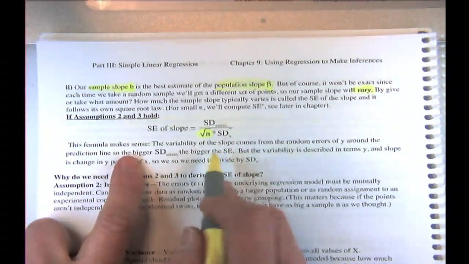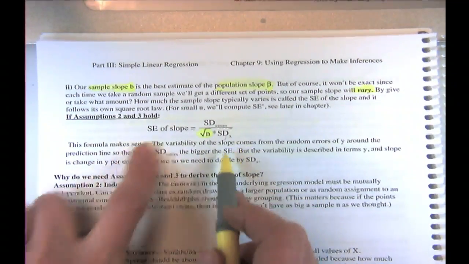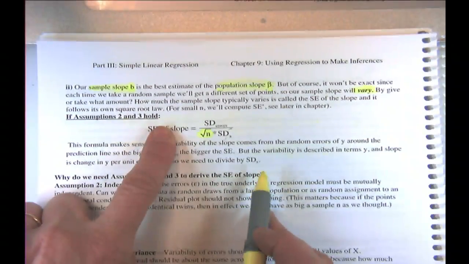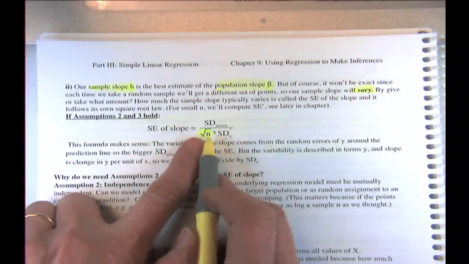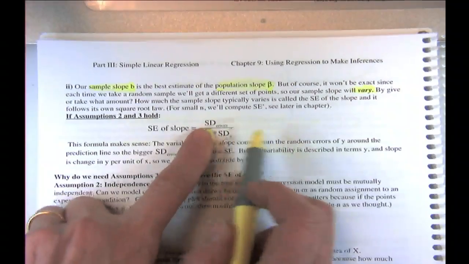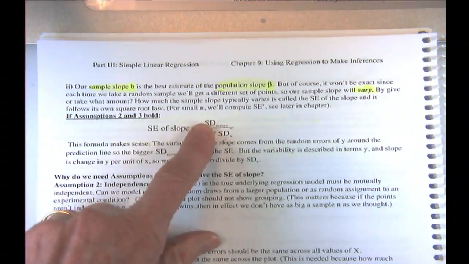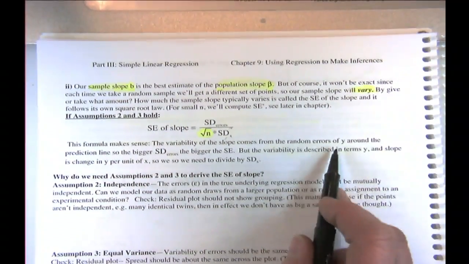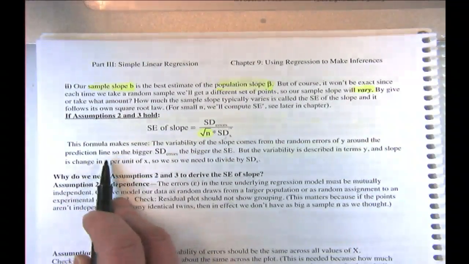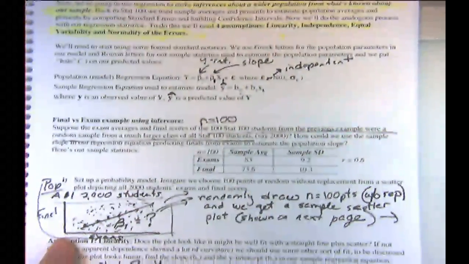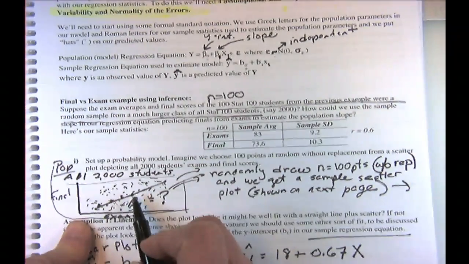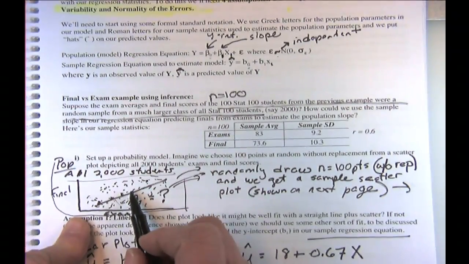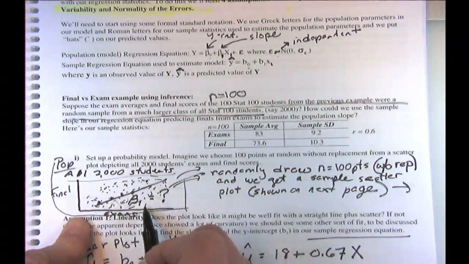Now this formula makes sense because the standard error of the slope comes from two sources, from the sample size, but it also comes from the random errors of y around the prediction line, just as we said back here. The numerator, the standard deviation of the errors, is how spread out these errors are around this line.